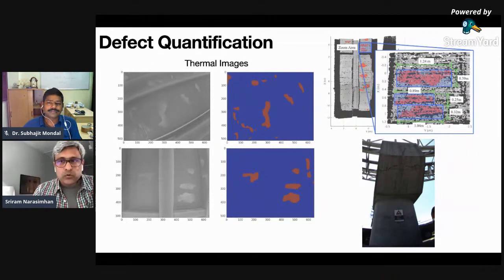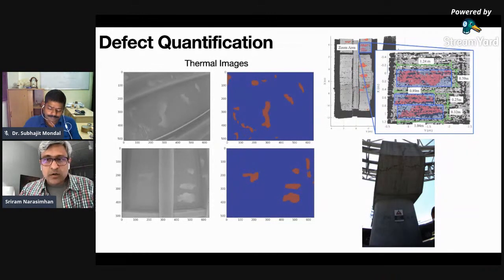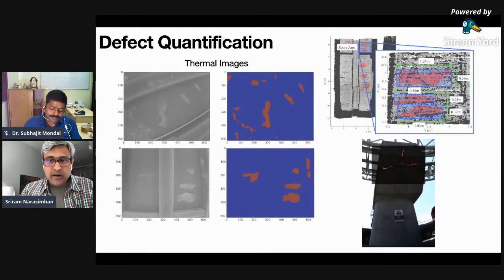We want to be able to quantify them, like how large is the delamination, or how long and how wide are these cracks in concrete, so that once I have this information, I can now go into finite element models, and I can input these quantities, and I can see how much my bridge has deteriorated, or how I should inspect it, and so on. So it allows me a lot of other functionality and capabilities that I otherwise will not have just by doing visual inspection. So that's a very broad overview of what we are doing in my lab.